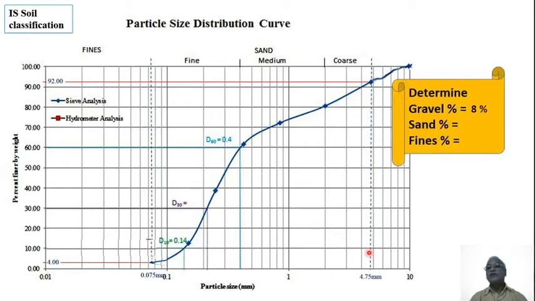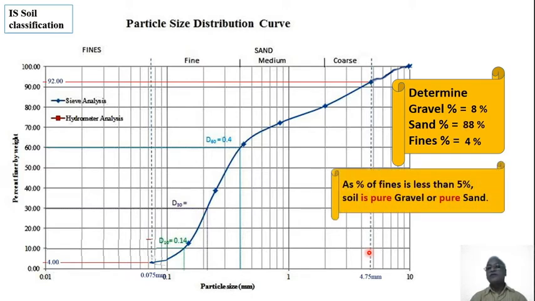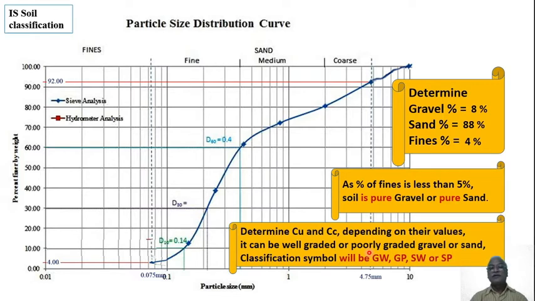So gravel is 8%, fines are less than 4%, so obviously the remaining is sand. As the percentage of fines is less than 5%, it is pure gravel or pure sand. So determine CU and CC, and depending upon their values it can be well graded or poorly graded.